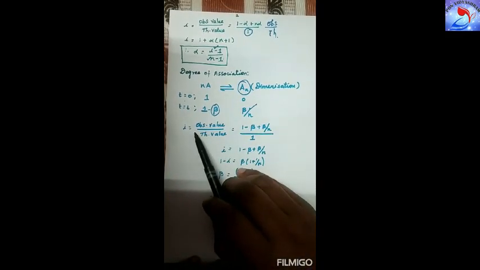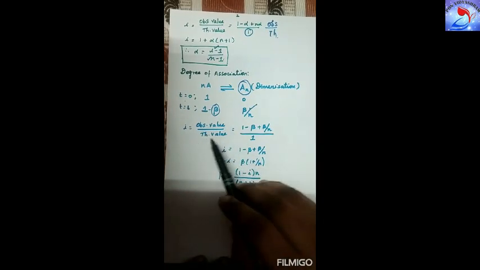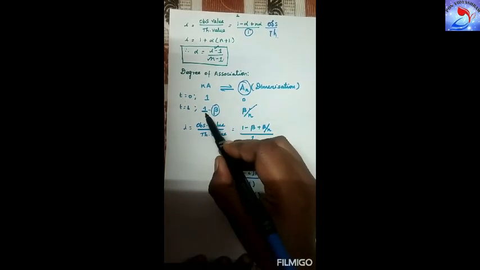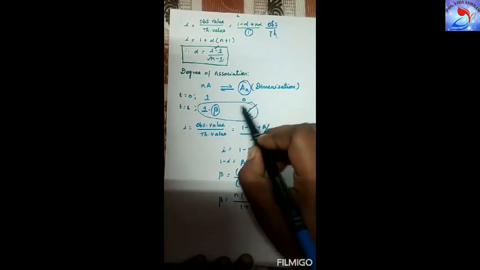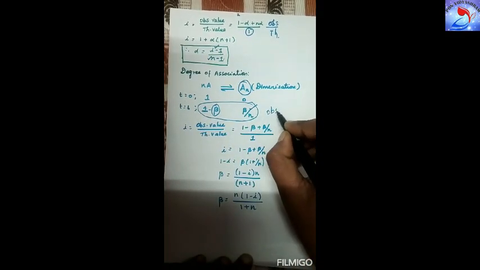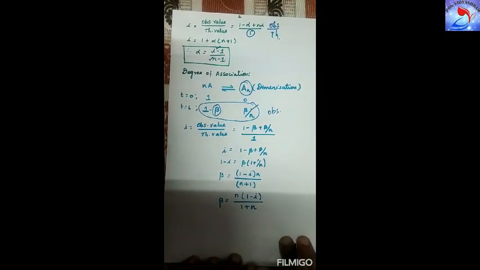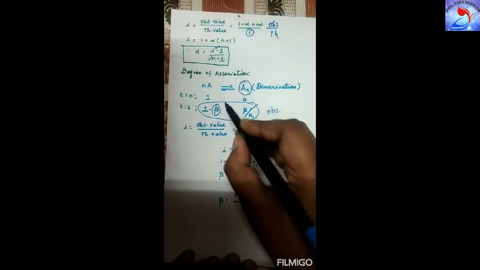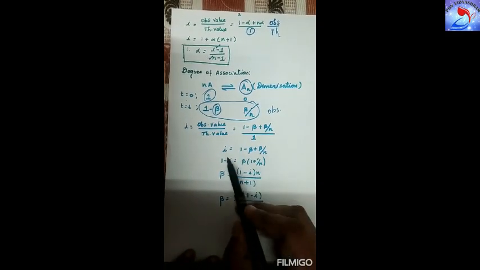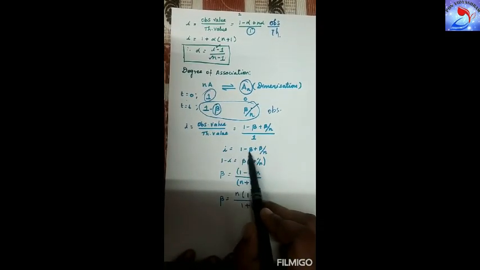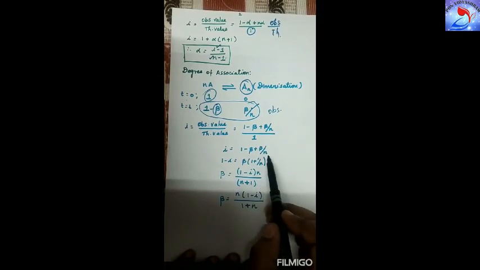So i is equal to observed value divided by theoretical value. 1 minus beta plus beta by n is the observed colligative property, upon the theoretical value. On substituting, i is equal to 1 minus beta plus beta divided by n.